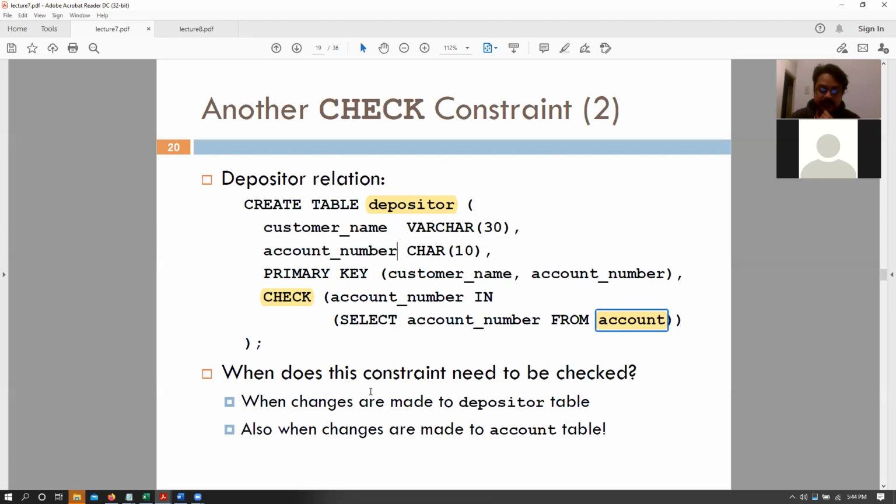So that also means that if we want to make some changes in depositor, we need to check our constraints as well. So for example, let's say that a particular person has this account number and we want to change that account number.